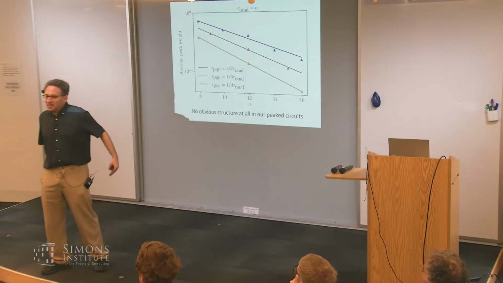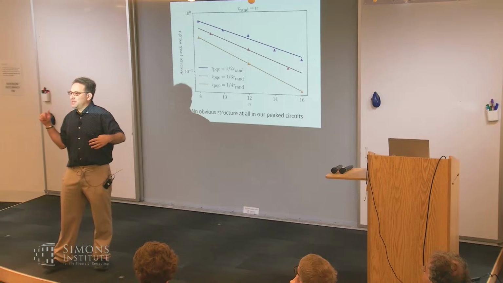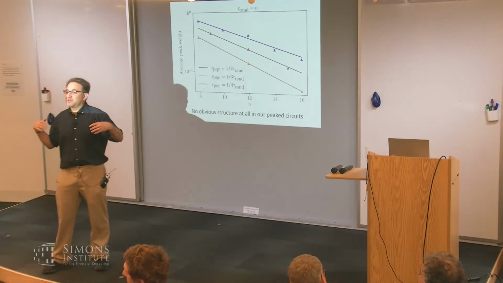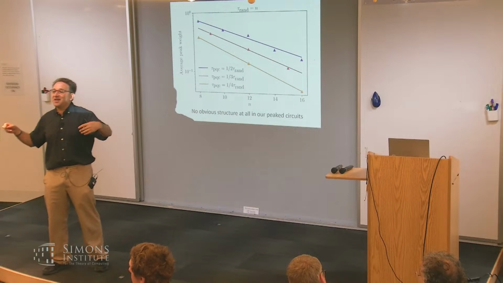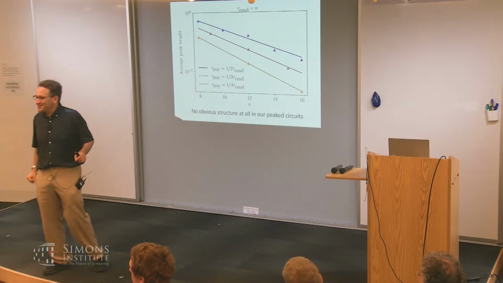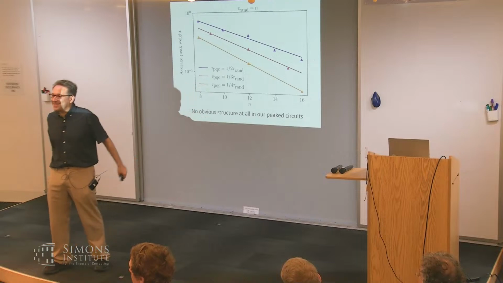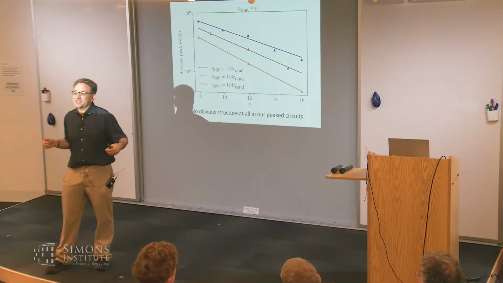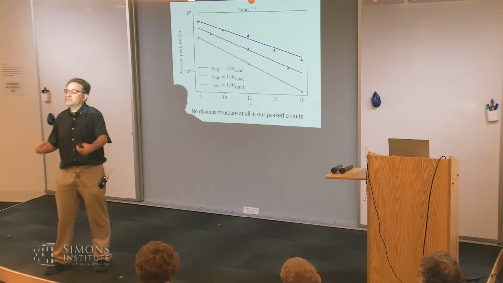Because these circuits would be basically almost random circuits, just with a little bit of entropy taken out of them. They would be in a sense very nearly random circuits that are nevertheless peaked, because we have done the minimum amount of conditioning that you could possibly do in order to make them peaked.